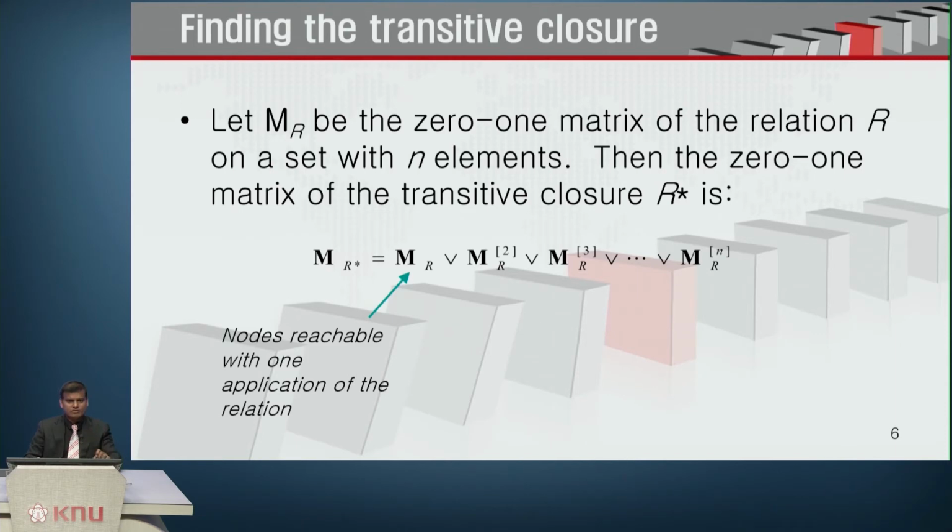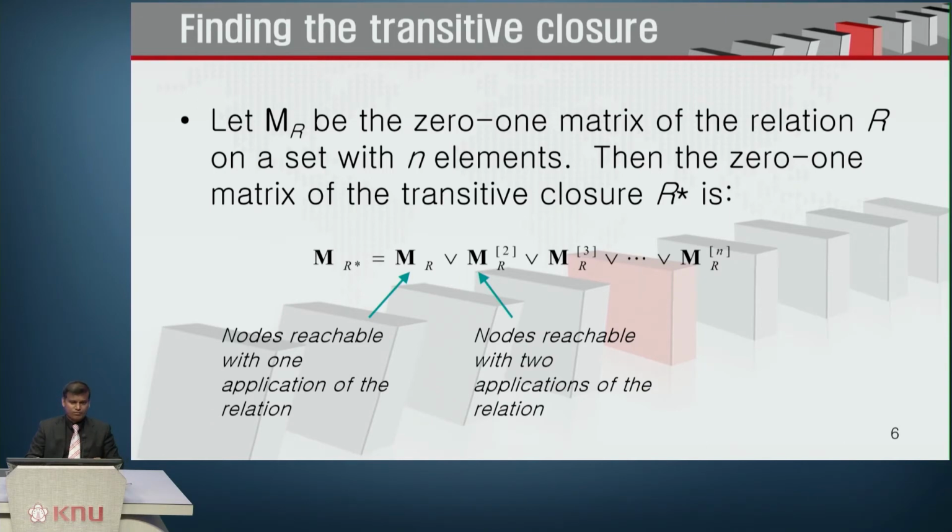Here the nodes reachable with one application of the relation is considered as M_R, the nodes reachable with 2 applications of the relation is like having 2 degrees of separation, and so on, with nodes reachable with n applications of the relation.